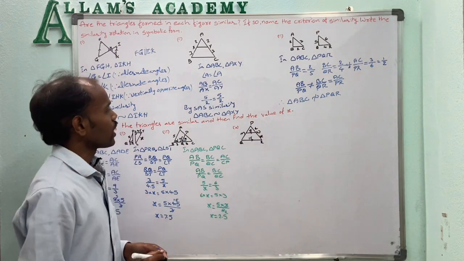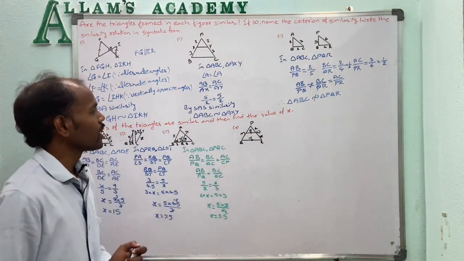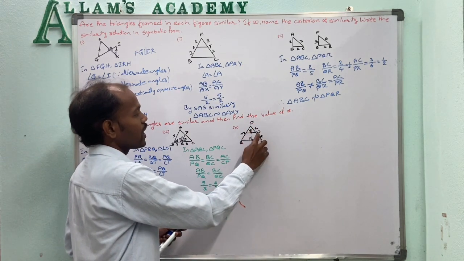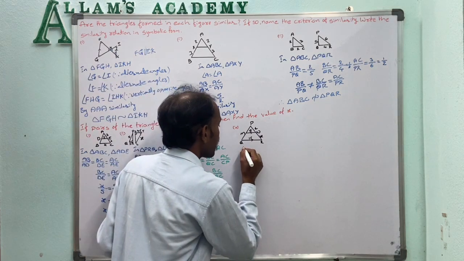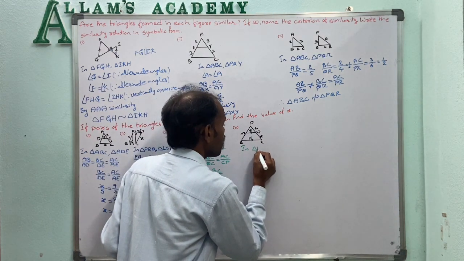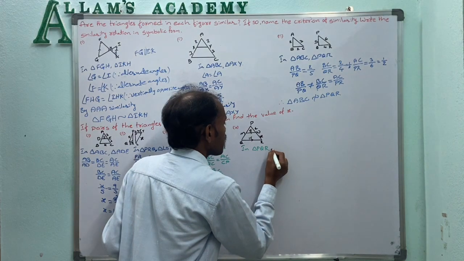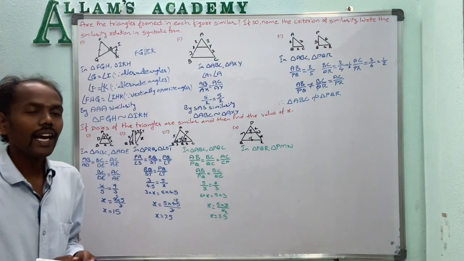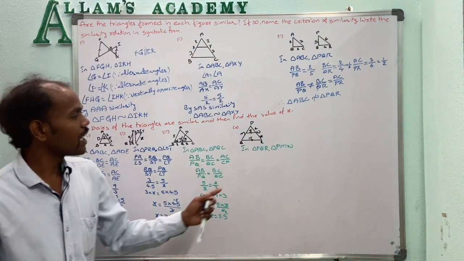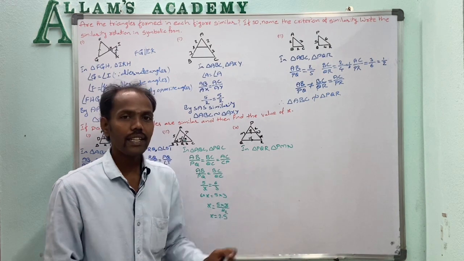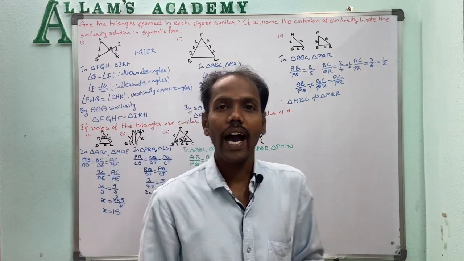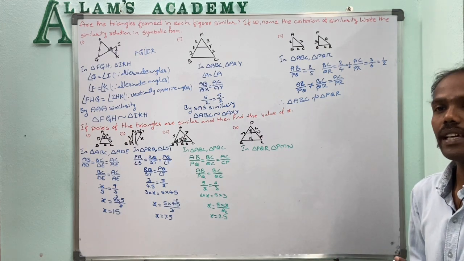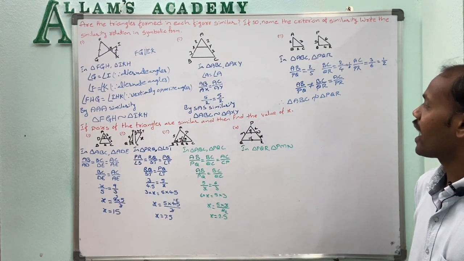Okay. Now the next problem. Here, given PQR is a triangle and PMN is another triangle. In these two triangles, angle P is common, that vertex is common, so we say angle P is the common angle for the two triangles.